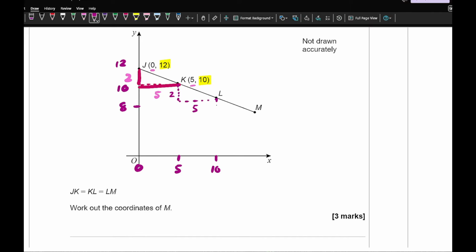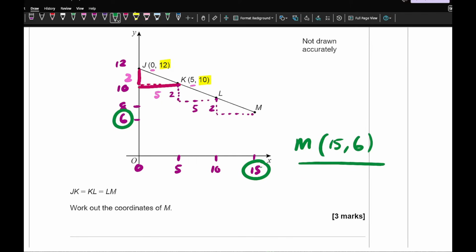And then if I repeat that triangle, I'm going to go down 2, which is 6, and across 5, which is going to give me 15. And from that I can then use these two numbers here to work out the coordinate of M, which is 15, 6. And make sure you're writing the coordinate in the correct order. It's across the corridor and up the stairs.